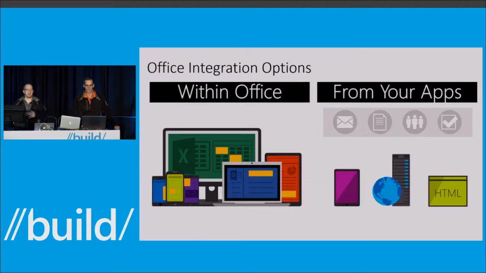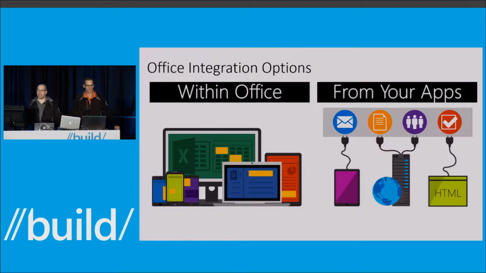And then the other option is integrating your own apps completely designed by you and allowing them to take services and take data from the Office platform. So really our stuff here is focusing on that element that's on the right, taking your apps and connecting into everything that Office has to offer. So there you go, plug it into email, plug it into documents, plug it into your directory, plug it into your tasks, whatever you need.